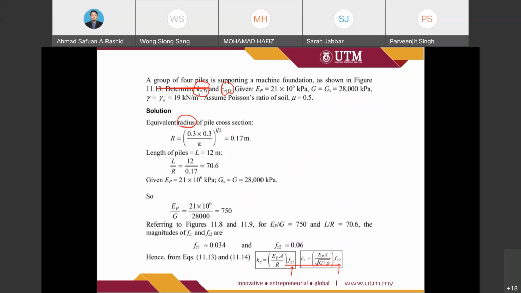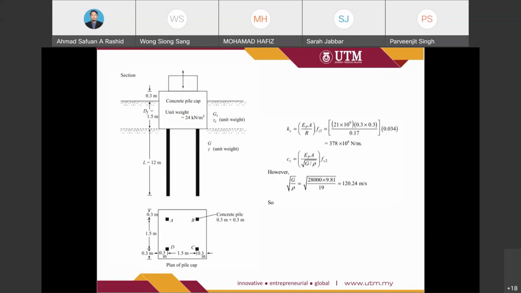Then we may calculate KZ, which is 700 EP A over R, or EP A over square root of G over rho, times FZ2 to get the KZ and also CZ.